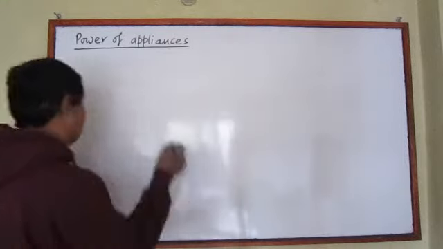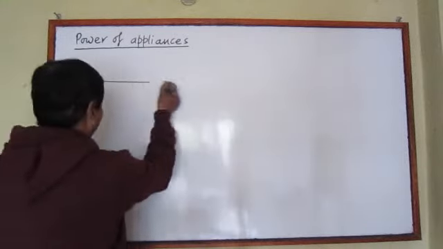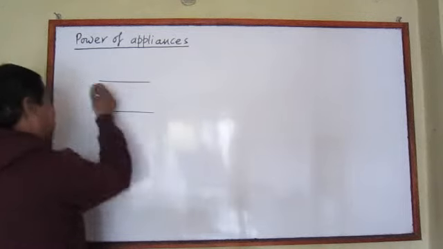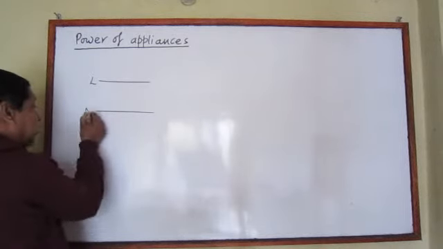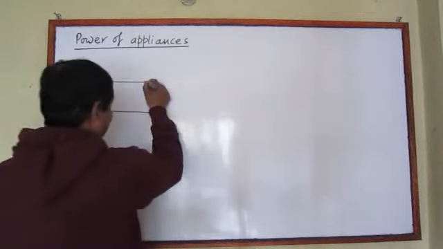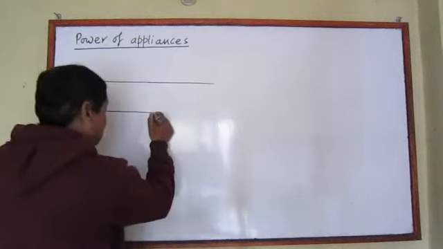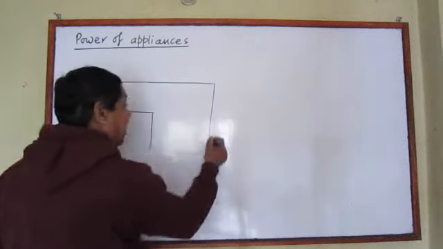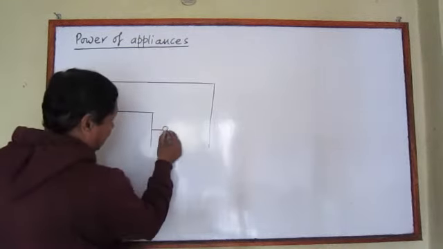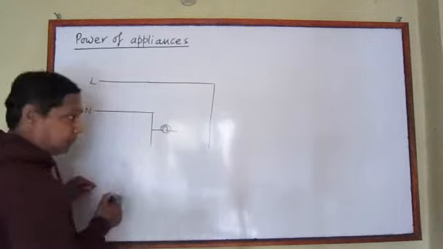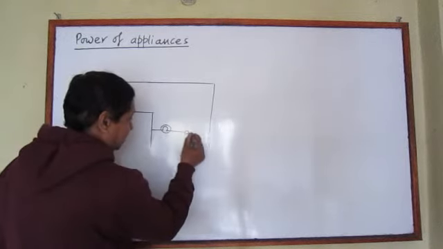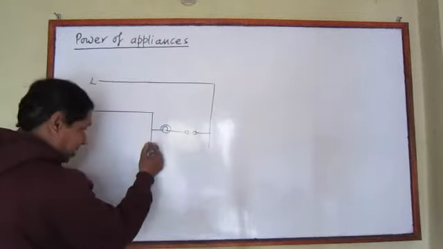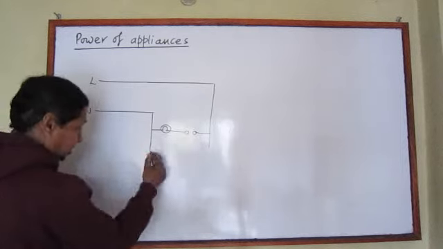Look at this. Let's say this is the live line, this is the neutral line. Two lines are supplied in a household circuit, live line and neutral line, and these are connected to each of the appliances. Let's say one of the appliances is a bulb, and this is the switch.